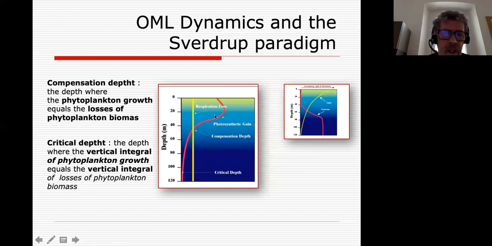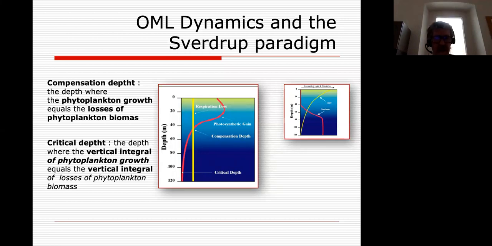So we have a sort of photosynthetic gain, or growth rate, that follows the light. And this is instead a sort of constant respiration, which integrates all the losses that phytoplankton dynamics has.